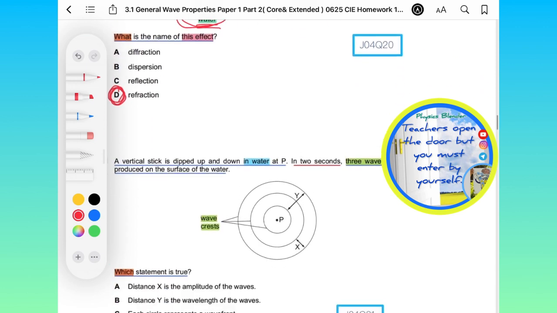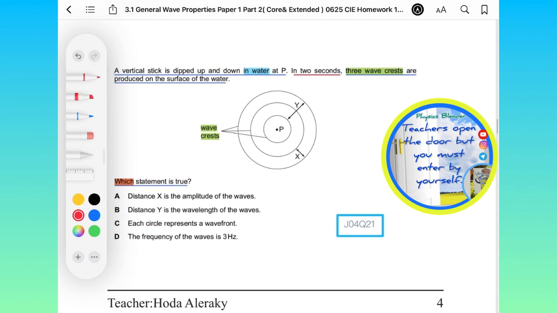Question number 6, a vertical stick is dipped up and down in water at P. In 2 seconds, not in 1 second, in 2 seconds, 3 wave crests are produced. Which statement is true? Why did I tell you 2 seconds?